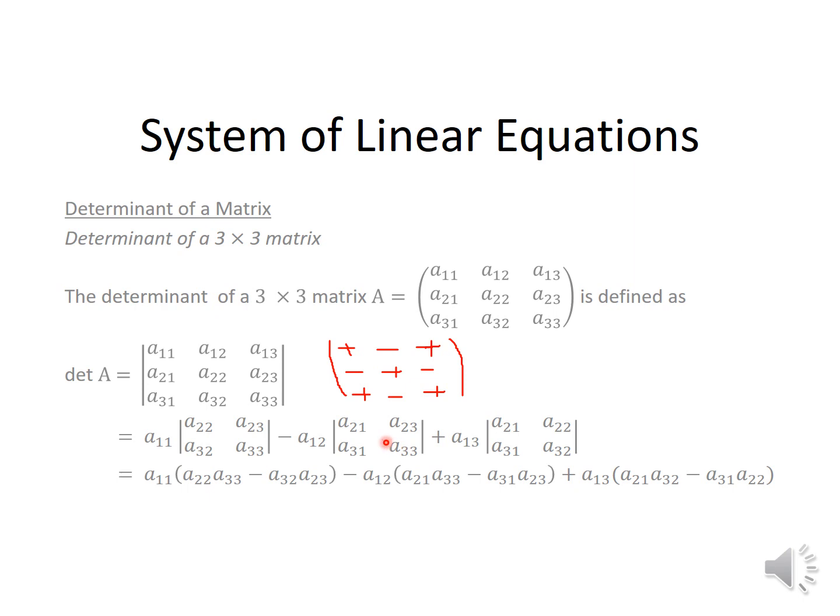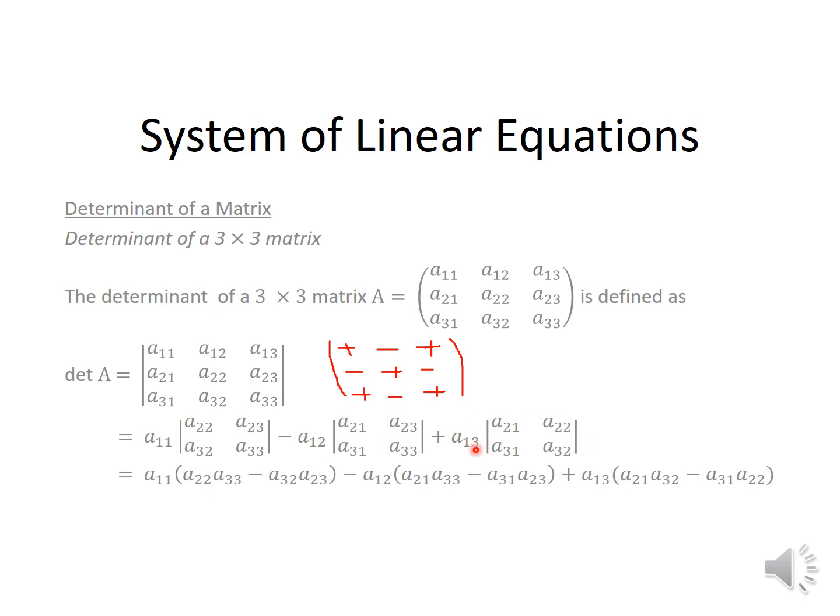And for the third element, A13, the sign for this element is positive. So positive value, and close the whole first row and the whole third column. So we have A21, A22, A31, and A32.